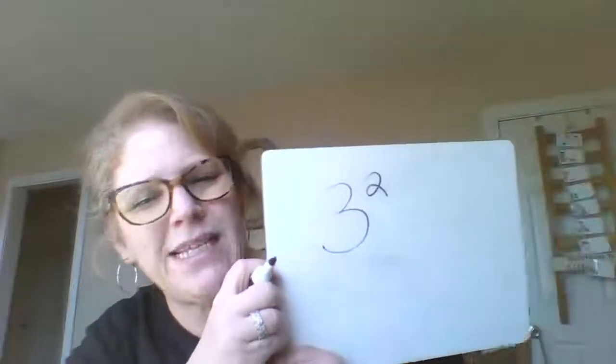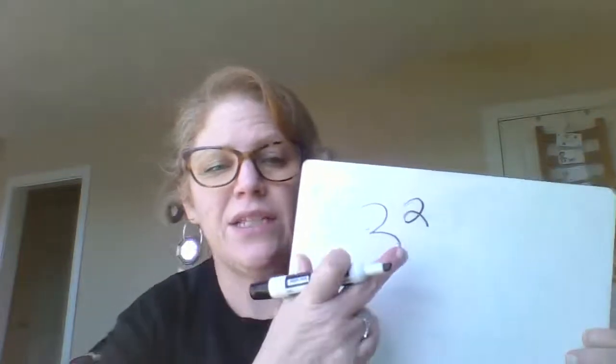Now, the other language that I want you to remember is down at the bottom of the page, where it says that any number raised to the second power, just like this example, 3 to the power of 2, is saying 3 squared.